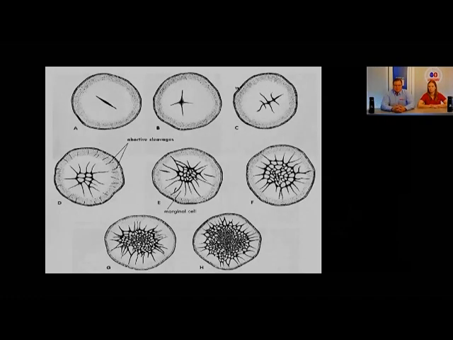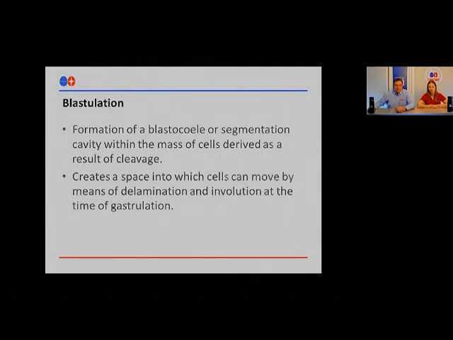You can see on the bottom right, multiple cells in that area compared to the upper left, where we basically have 2 cells, then 4, and then 8, but the area itself is staying relatively the same size. We're just going to increase in cell numbers and increase in DNA material without necessarily an increase in mass.